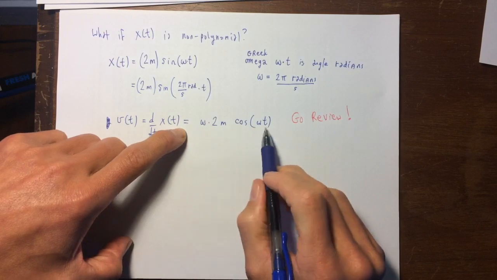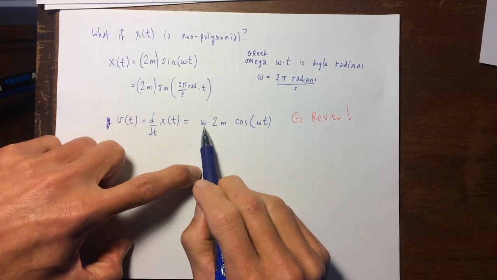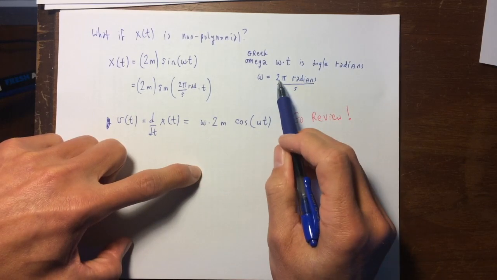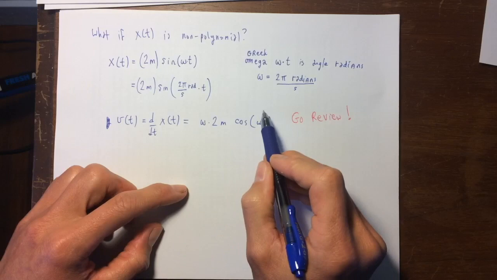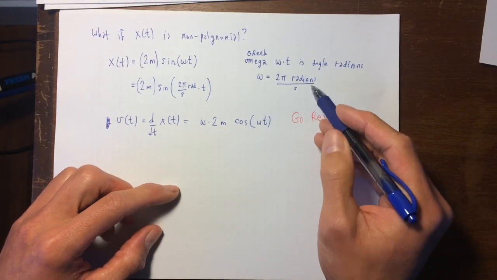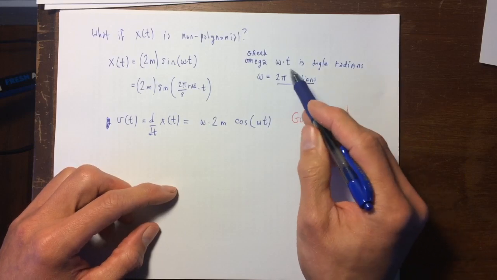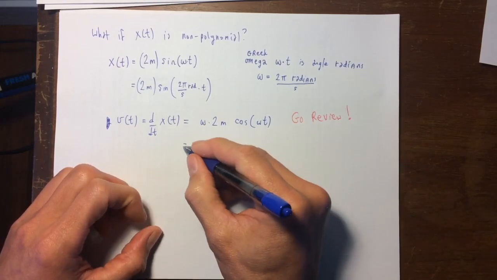So the way that you understand how omega is going to multiply the 2 meters: omega is an angle per time. But when it comes out, because you did some calculus, the magic of the radian, the reason why radians are so important, is because that's the type of angle that works really well in calculus. So let me show you what I mean.